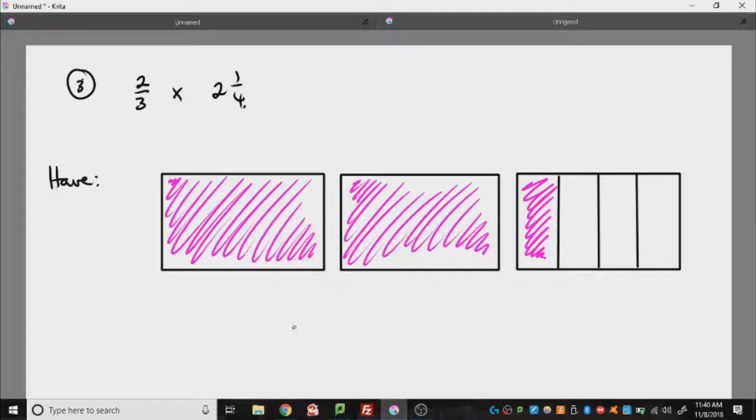Next, I need to take 2 of 3. So I need to split this into thirds, which will go horizontal, but everything I have needs to be split. So I need to go all the way through.